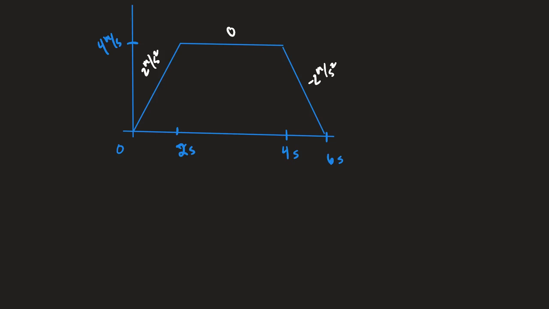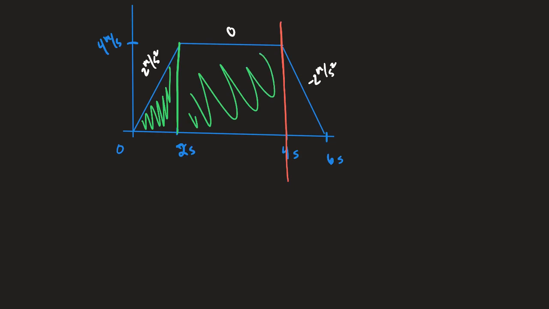The average velocity over the interval would be the total displacement of the object. So I'm going to need the area under the curve here to get the total displacement. So I'll break this up into two sections, this section and then this section. This section has a displacement of 4 times 2, or 8 meters.